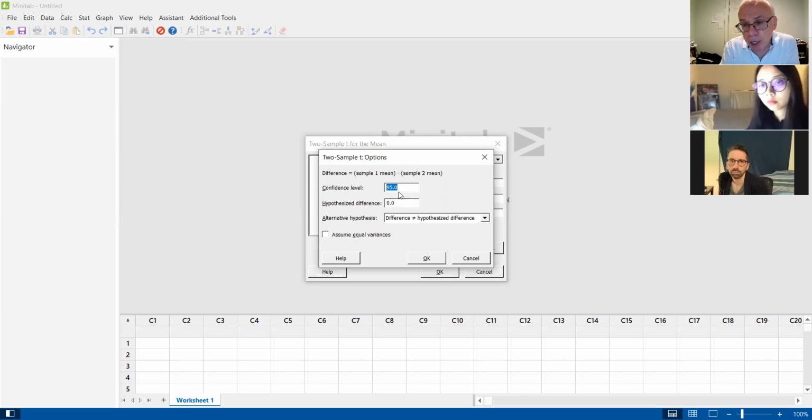We're doing a two-tail test. That means we're going to have 95% in the middle. Is that right? Right. So this 95% in the middle is equivalent to saying a 5% level of significance. Does that make sense?